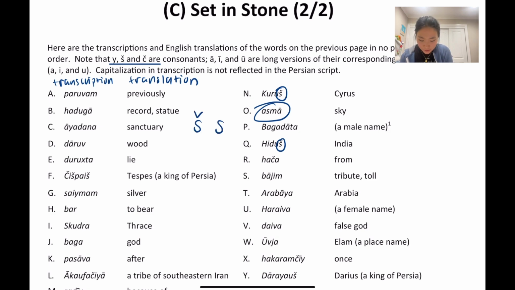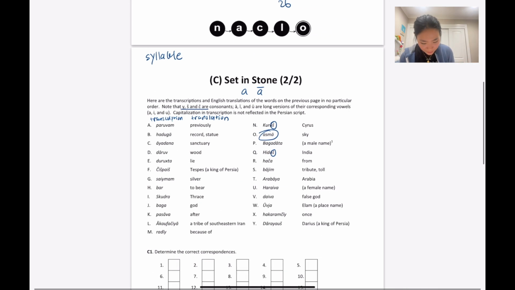S and S seem to be completely unrelated. They're just different ways of marking sounds probably. And we're also given that A, I, and U with the little line on top are long versions of their corresponding vowels. Why would they tell us this? There's probably some differentiation between A and A with the little bar on top. And so that's also interesting to note from the get-go. All right, amazing. And so that is all the background information I think would be helpful for us.